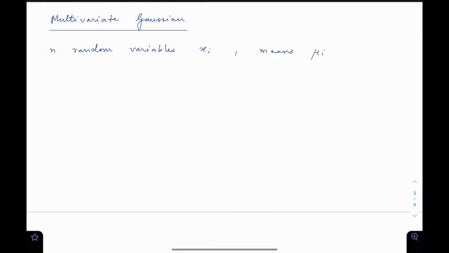So we'll write them using the vector notation. The Gaussian is an exponential of a quadratic form in x minus mu. So when we want to generalize the Gaussian to more than one dimension, we replace x minus mu by the most general n-dimensional quadratic form symmetric about the point mu.